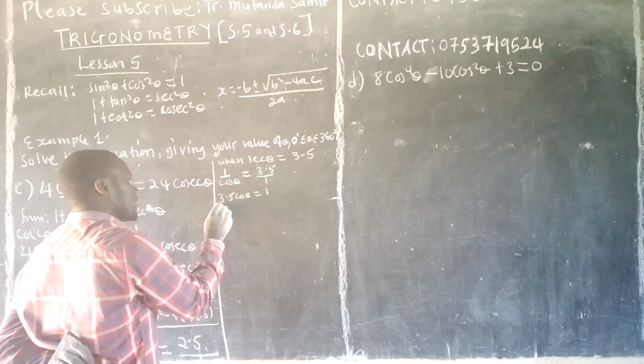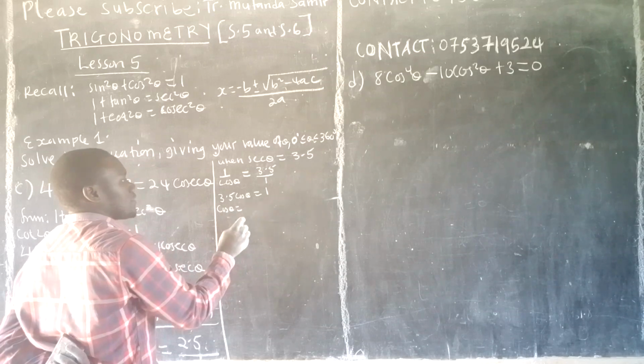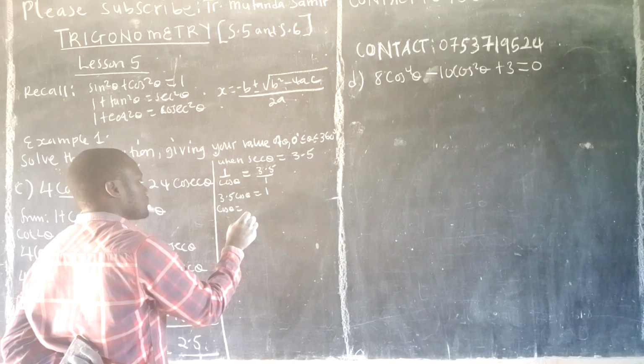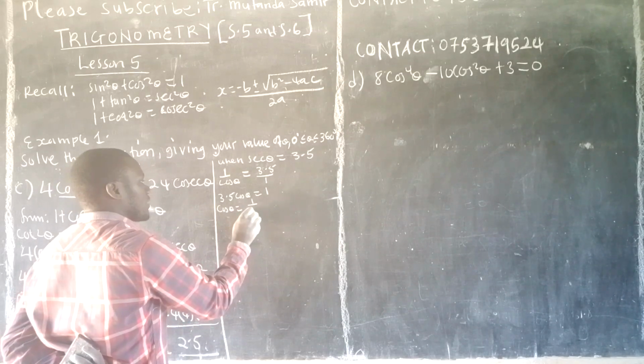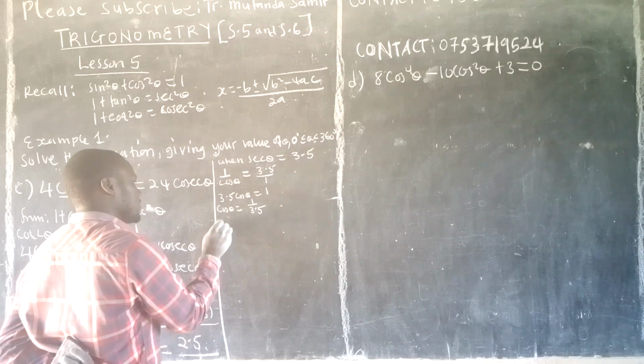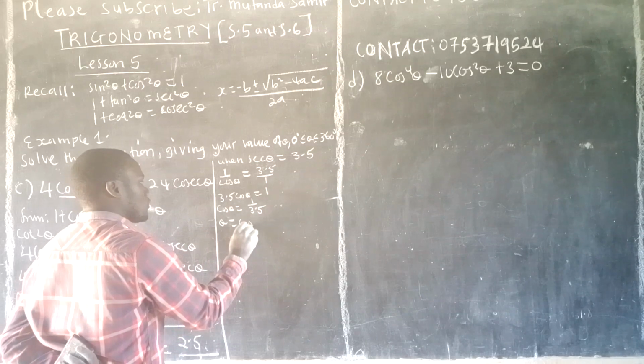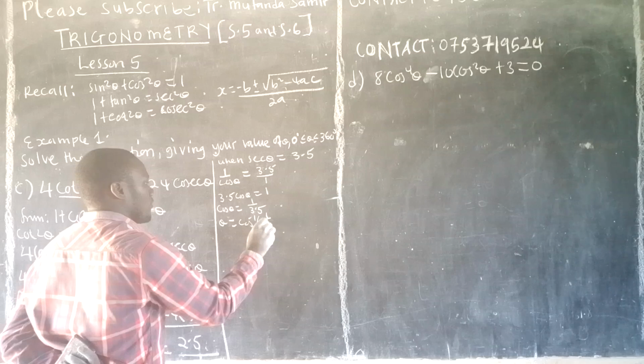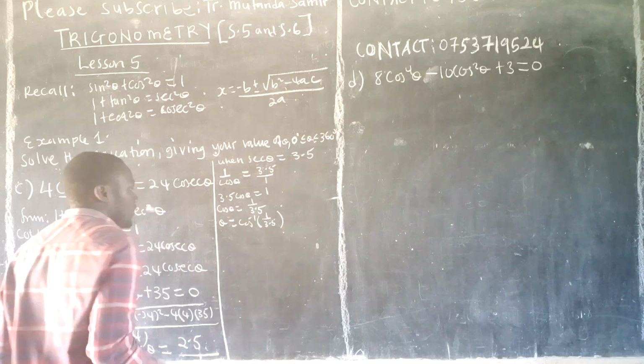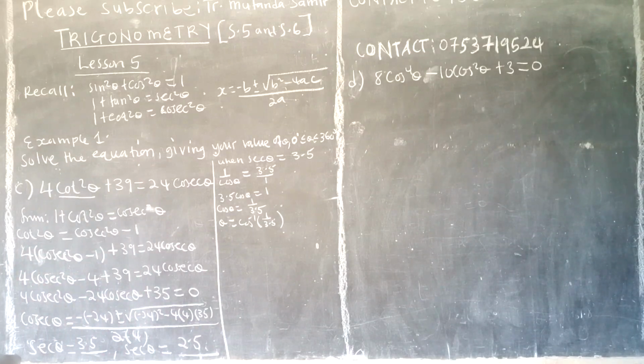So you shall have that cos theta is equal to 1 over 3.5. So theta is equal to cos inverse of 1 over 3.5. So let's now calculate it: 1 divided by 3.5, then cos inverse of the answer.